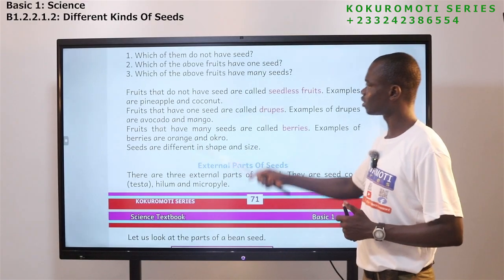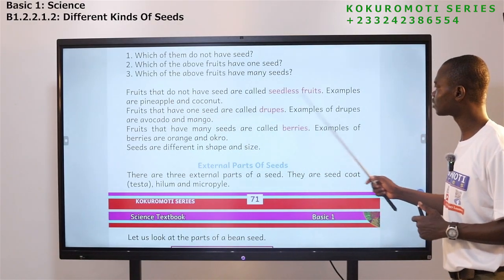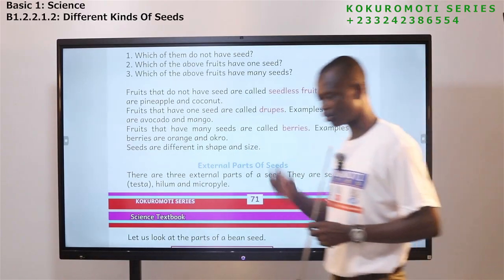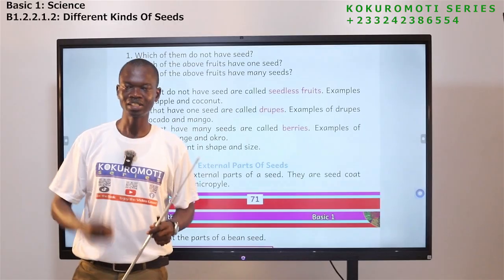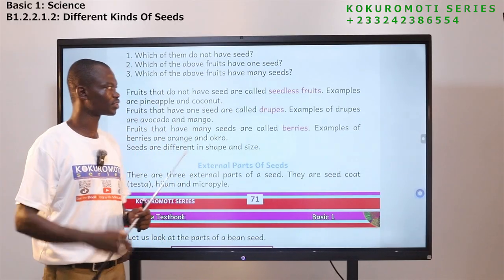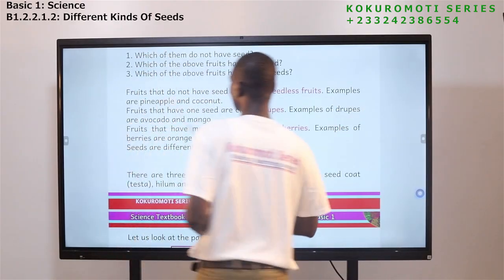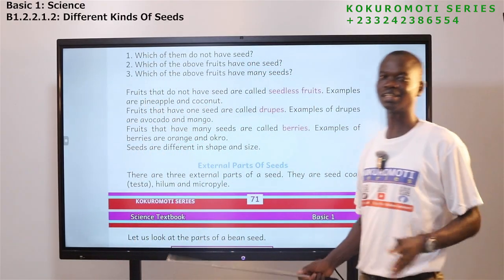Now let's look at this side. Fruits that do not have seed are called seedless fruits. So anytime we hear about seedless fruits, we are referring to fruits that do not have seed. Examples are pineapple and coconut. So pineapple has no seed in it.